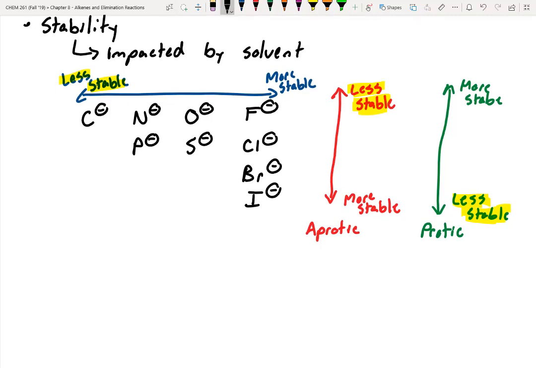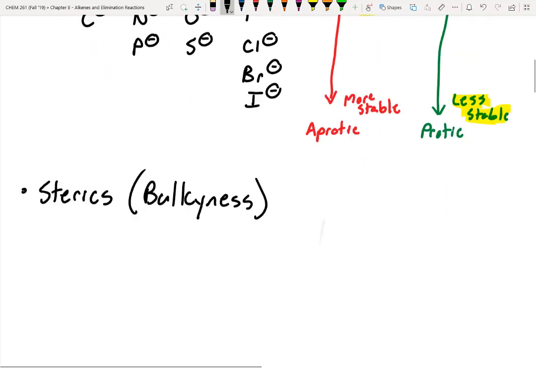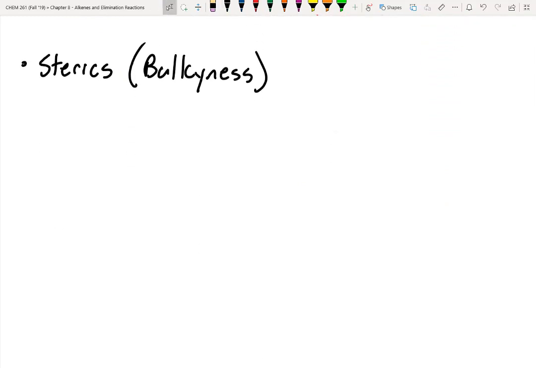Next thing we looked at is sterics. That's a fancy word for bulkiness. All right, so let's look at sterics. And I'm going to consider a few different oxygen atoms here.